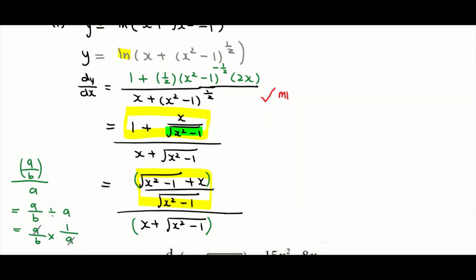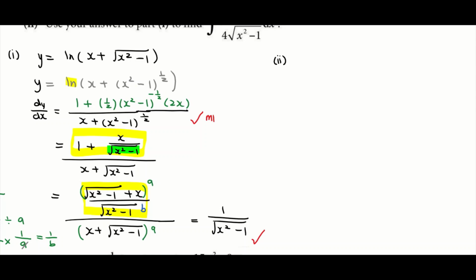My final answer would just be 1 over b. So if this is my a and this is my b, my final answer would just be 1 over square root x squared minus 1. And this is my answer for part 1.